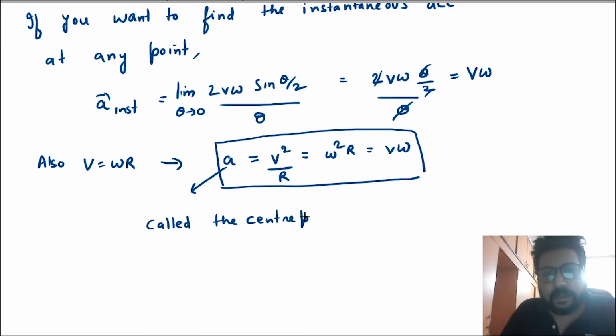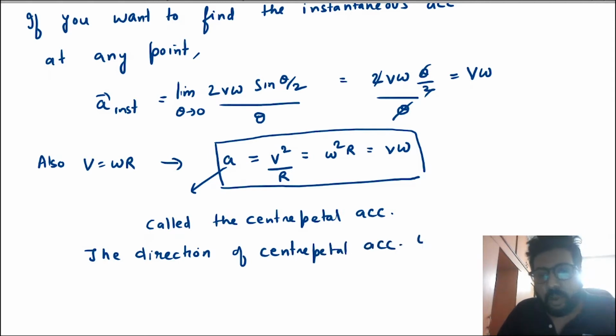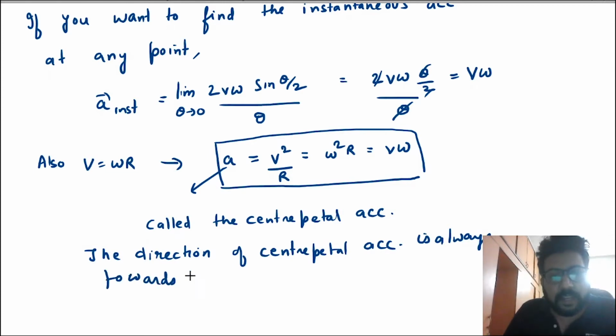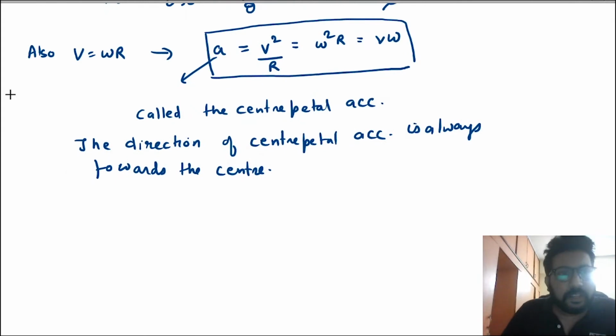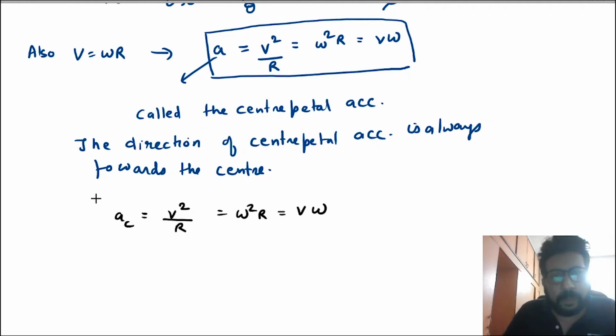The direction of centripetal acceleration is always towards the center. So finally, again we will write the conclusion. The centripetal acceleration is v square by r or omega square r or v omega.